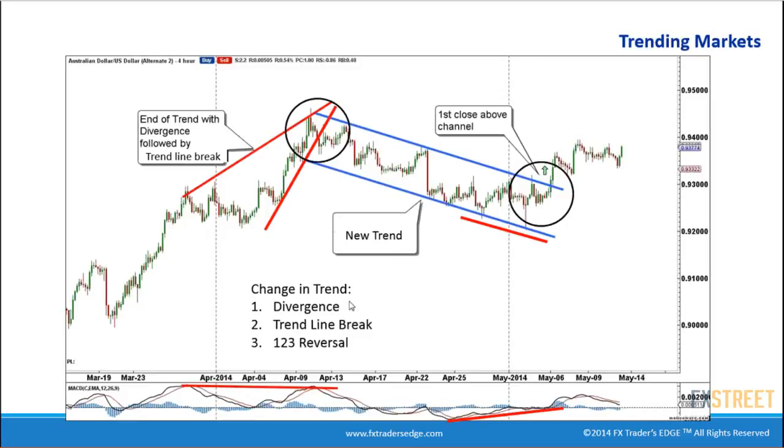So what happens with the change in trend? You see divergence, and that's when price makes a new high and the oscillator doesn't. So the market is running out of steam. You have a trend line break and you have a 1, 2, 3 reversal. This is a simple little trading system that you can use to figure out when the trend is changing direction.